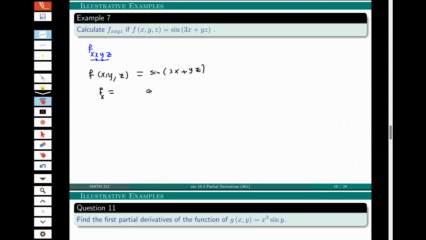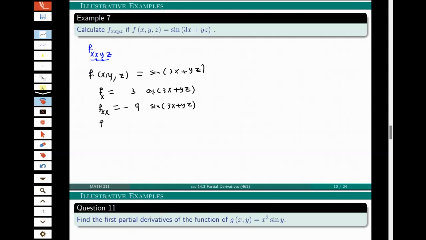The derivative of sine is cosine of 3x plus yz times the derivative of the angle, which is 3. If I differentiate with respect to x again, the derivative of cosine will be minus sine of 3x plus yz. The derivative of the angle is 3, so I will get here 3 times 3, which is 9.